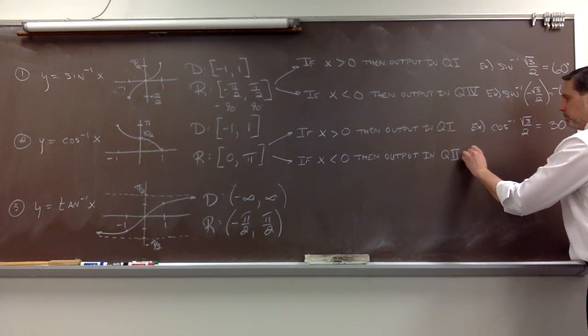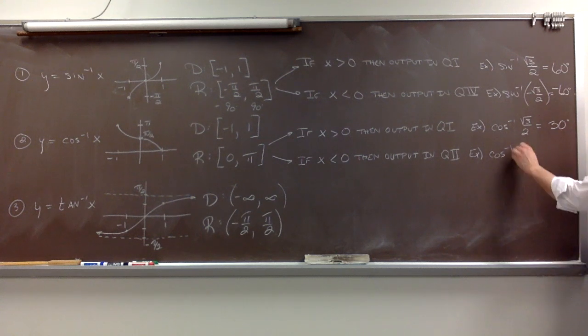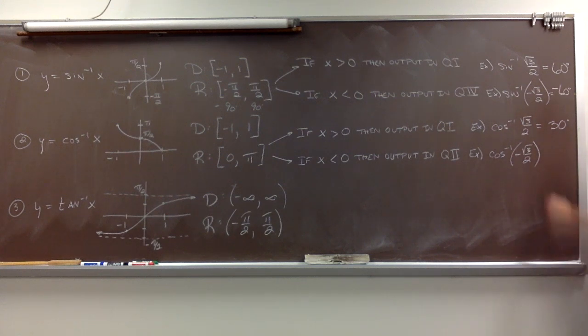All right, so for example, it's a little bit trickier. If you try the cosine inverse of negative square root of 3 over 2 on your calculator, it's not going to give you negative 30. That's quadrant 4, where cosine is actually positive. So we have to go where cosine is negative, which is quadrant 2. It's going to be a reference angle of 30 degrees.